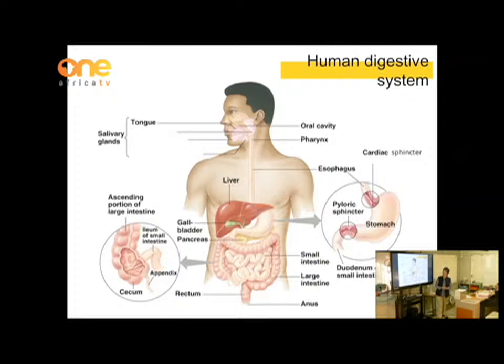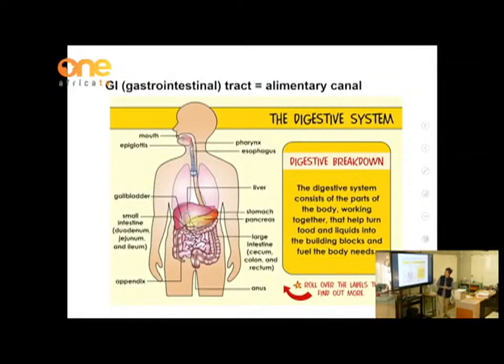The human digestive system. And we are going to discuss the whole system as we go on. Okay, so let's start with the gastrointestinal tract or the alimentary canal. What is the alimentary canal? Where does it start?